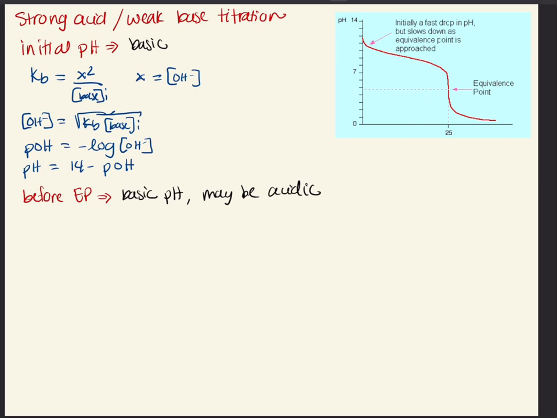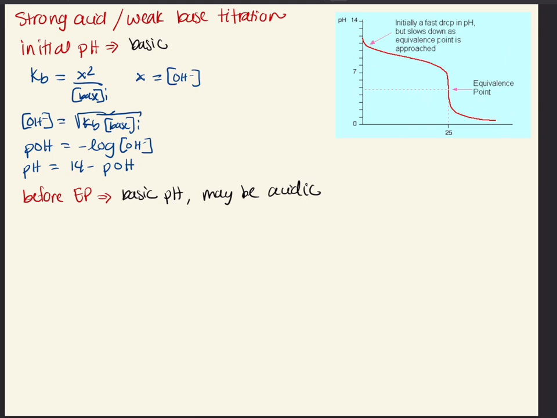You need to be very careful using the Henderson-Hasselbalch equation in the buffer region of a weak base strong acid titration. And that is because the Henderson-Hasselbalch equation is in terms of pKa, and we're dealing with Kb. So not only do you have to convert your pKb into pKa, you also have to flip the conjugate acid and base. So just make sure that you're paying close attention to that. I always do it in terms of the Kb expression.